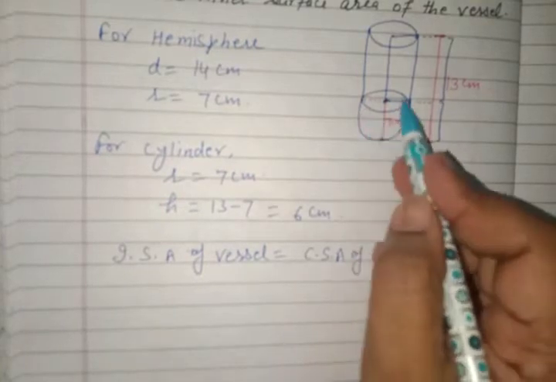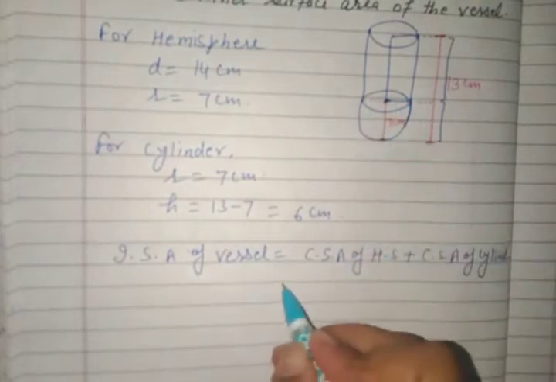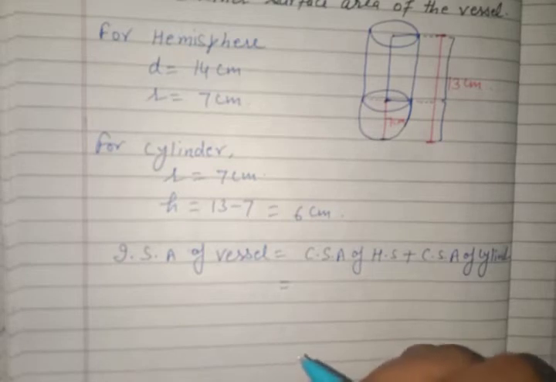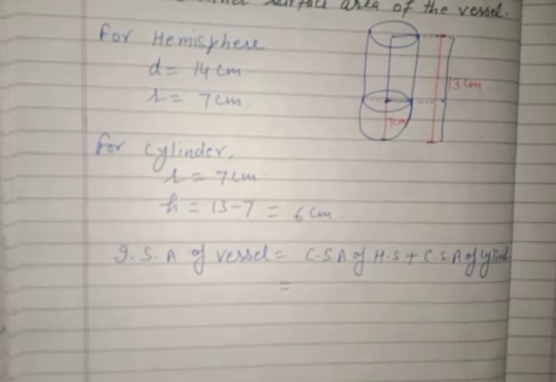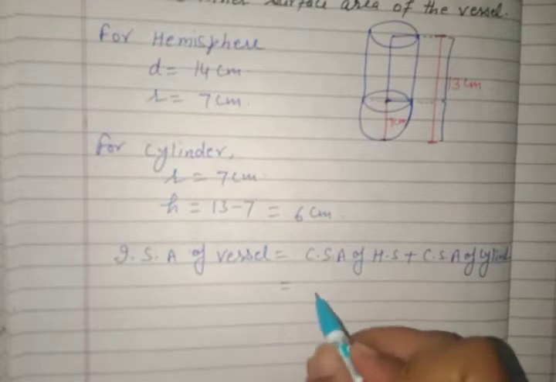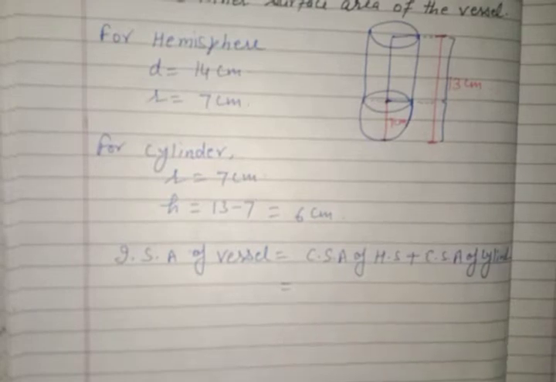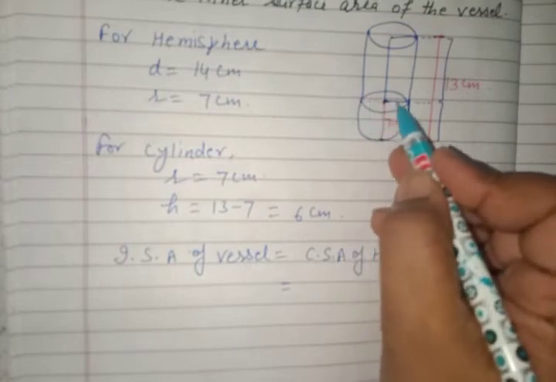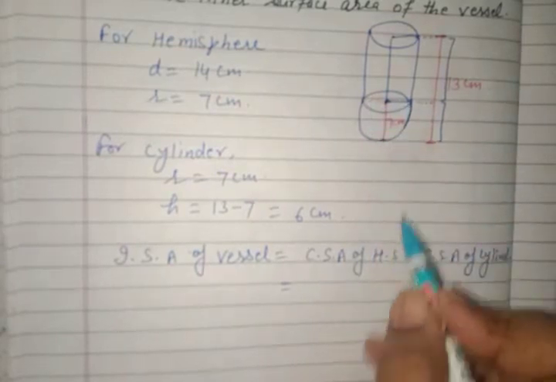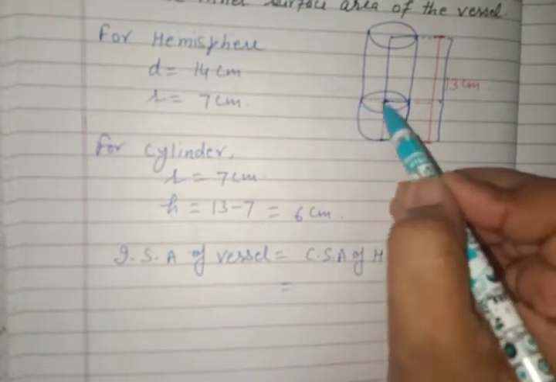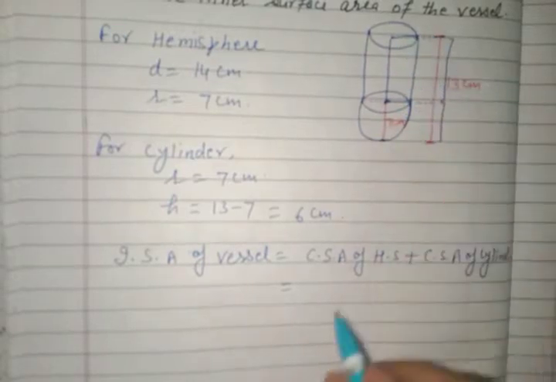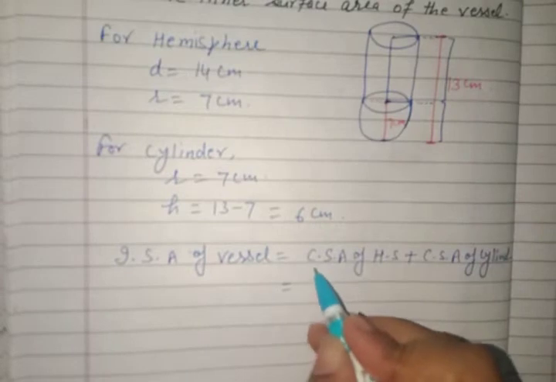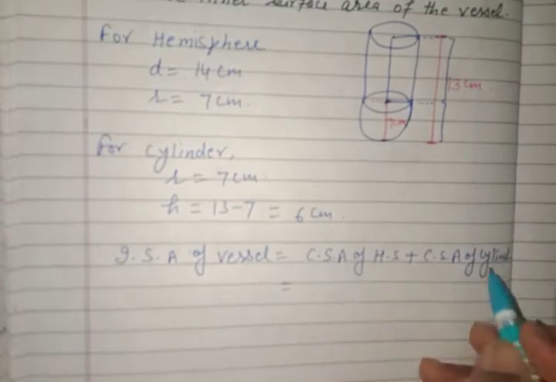Curved surface area of hemisphere, because it is inner, so you can think in your mind that it's a bowl and we are painting it from inside. So it is the curved surface area of hemisphere. The upper layer is not covered. This part is open. That's why we are considering curved. Here also in case of cylinder, this part is open and this part is open. Because it is written hollow. Hollow means open. So that's why I am considering curved surface area of both the figures.